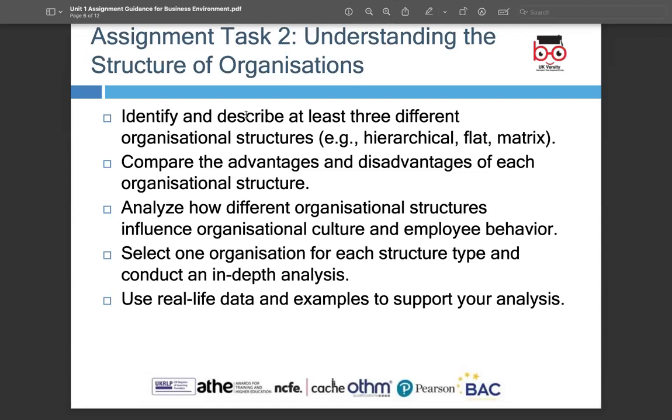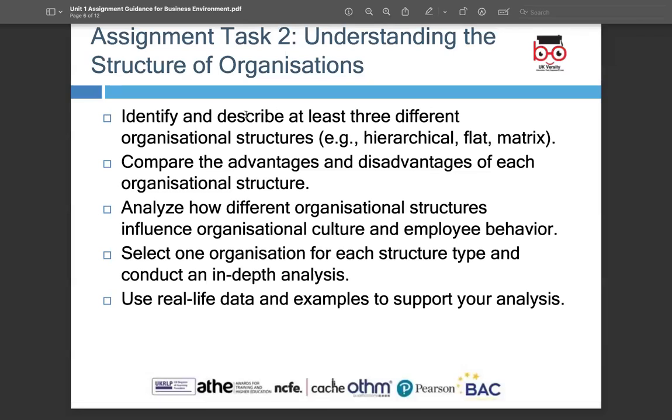They might ask about flat structures. This structure has fewer levels of management and a broader span of control. It encourages a more collaborative and less bureaucratic approach. The matrix structure combines elements of both hierarchical and flat structures, often used in organizations that handle complex projects.